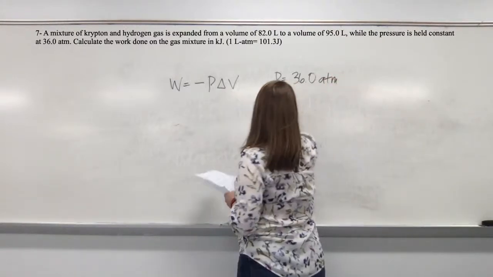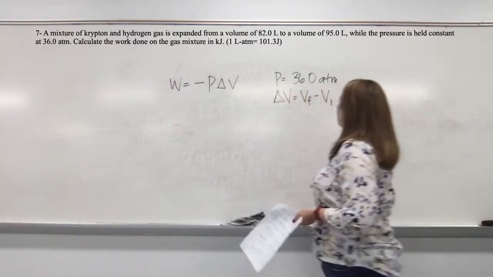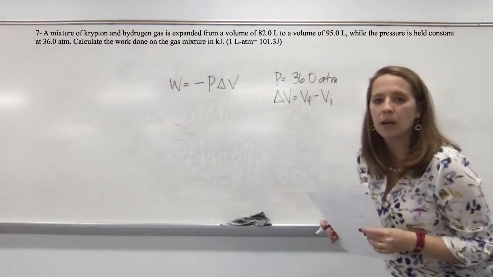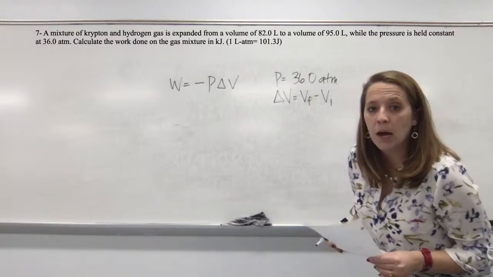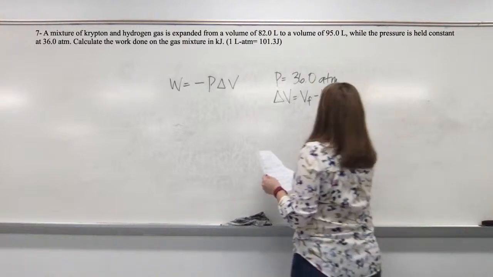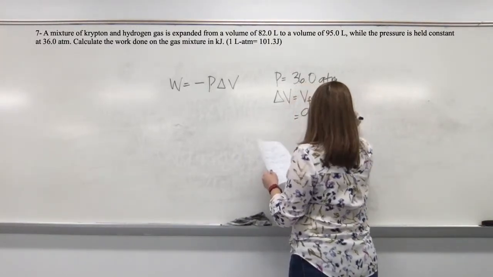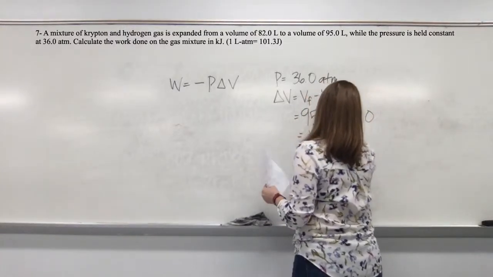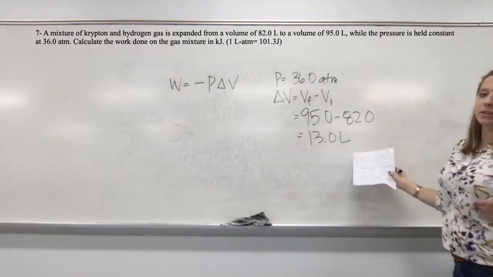We also need delta V, which is VF minus VI. So the final minus initial. And so we know that it goes from, so that makes it the initial, so it will be 95.0 minus 82.0, which would give us 13.0 liters. So now I have a pressure and the change in volume.